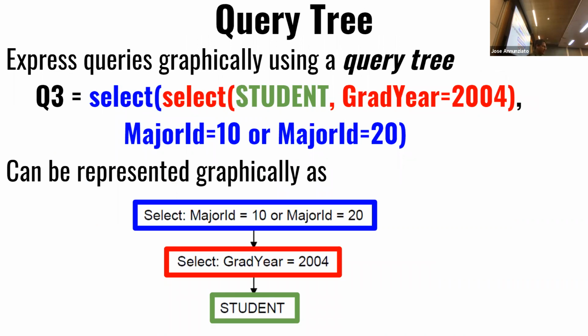We can also think of these queries graphically. Starting off with the input data set, in this case student, the data flows upwards, where you first have the first select statement filtering by the graduation year, and that is being fed into another select statement that filters by major ID.